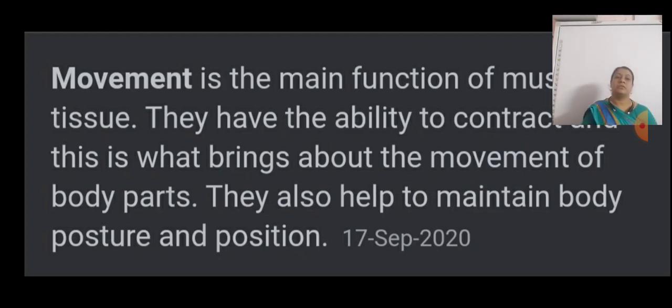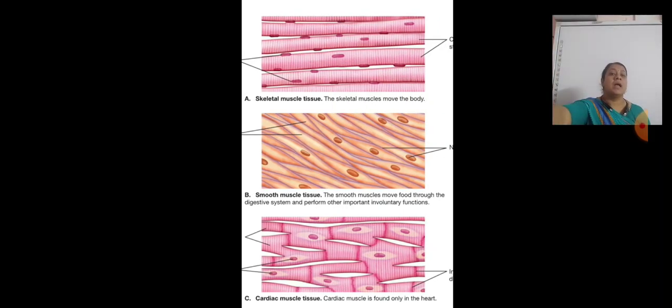There are mainly three types of muscles: striped muscle, unstriped muscle, and cardiac muscle. Another name for these is voluntary muscle, involuntary muscle, and cardiac muscle.